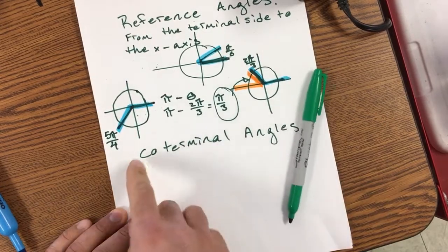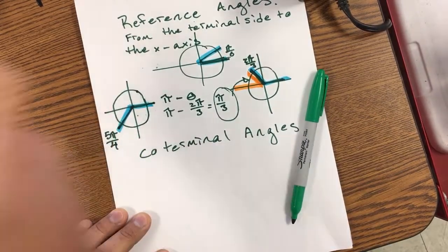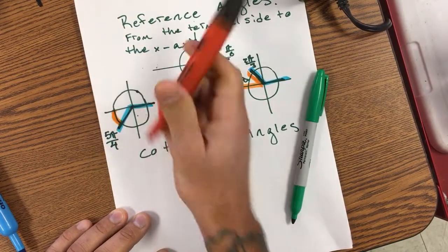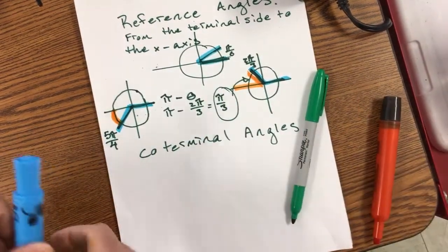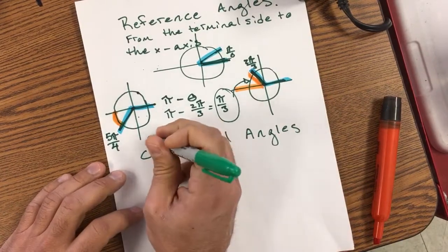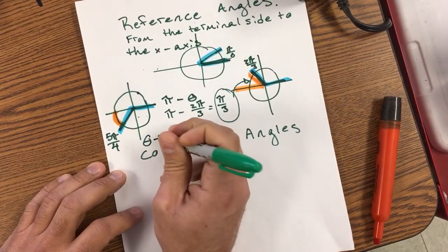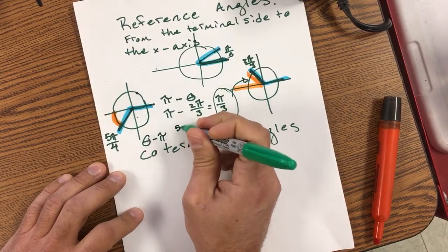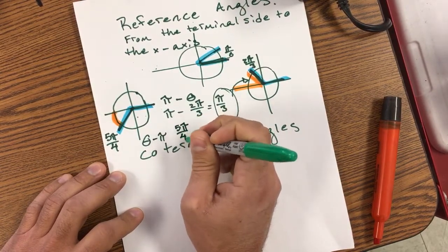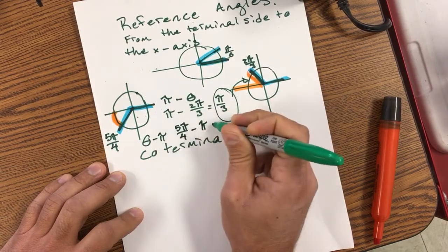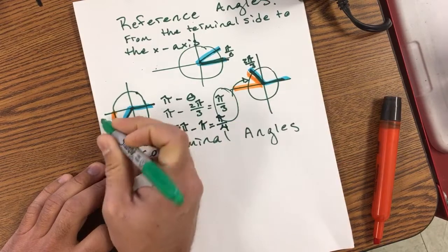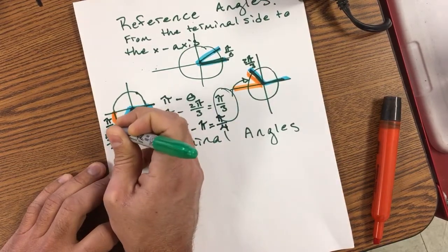The reference angle is going to be the closest one to the x-axis, which is going to be this guy right here. So when I'm in this quadrant, I'm going to do theta minus pi. So on this one, I'm going to do 5 pi over 4 minus pi, which is going to be pi over 4. So this angle is pi over 4.